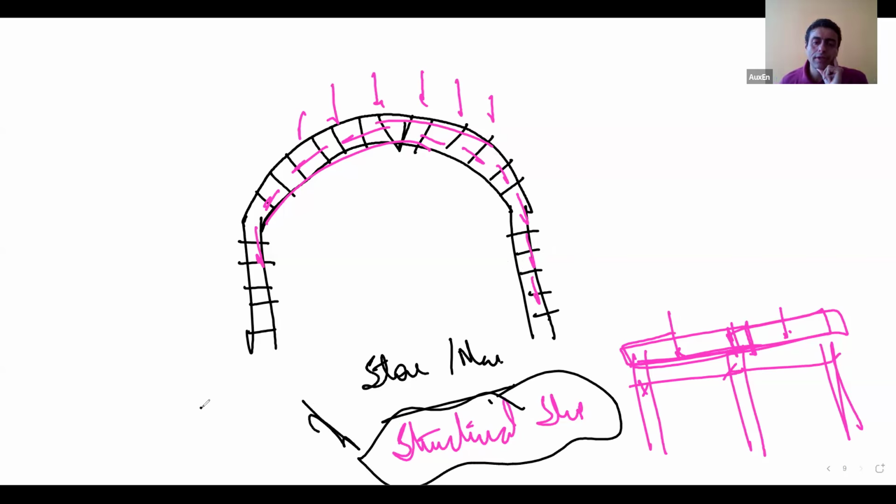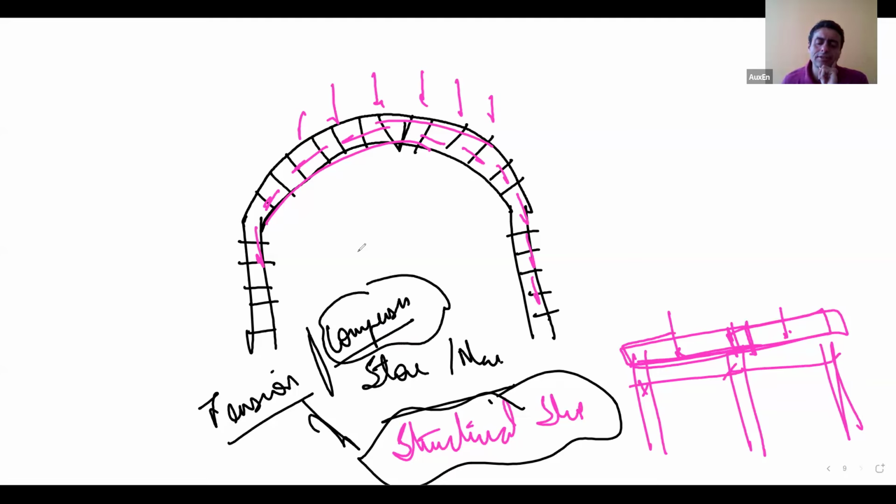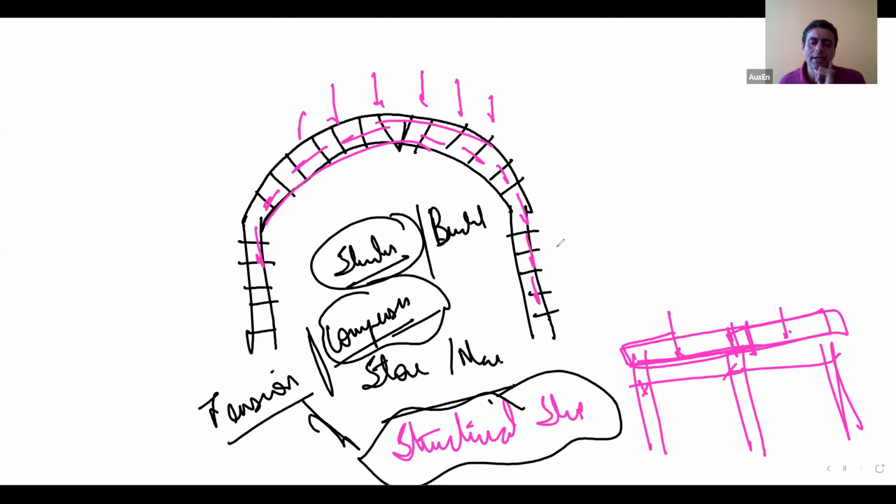It can take tension very well. It can take compression also, but compression is limited by the slenderness. So the problems related to slenderness or buckling affect the compression capacity, but it can take tension very well.